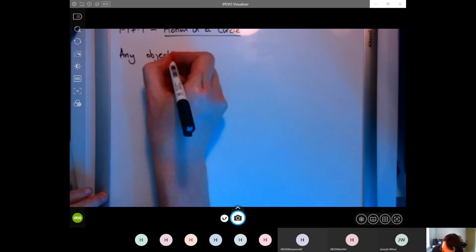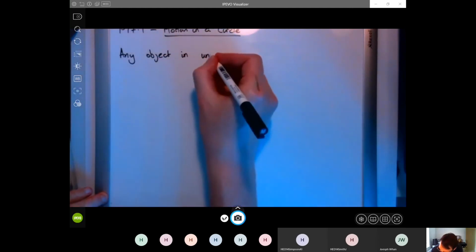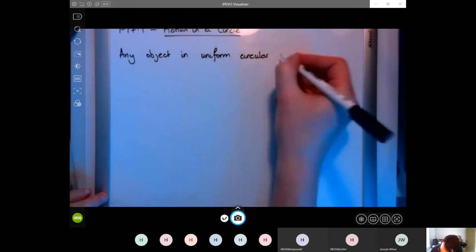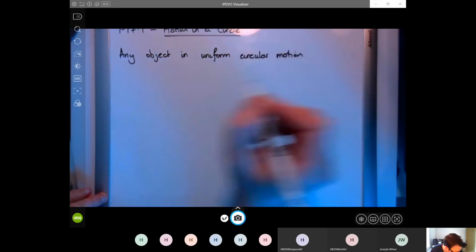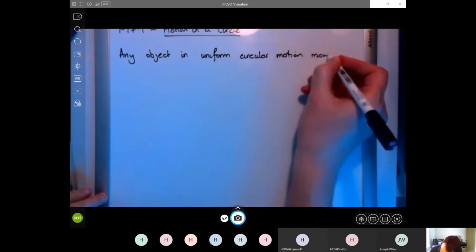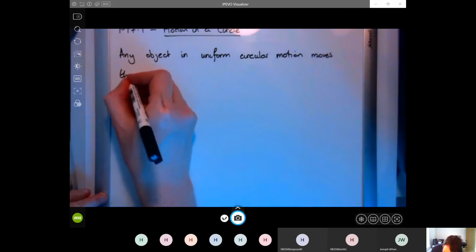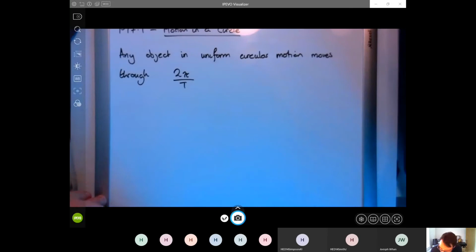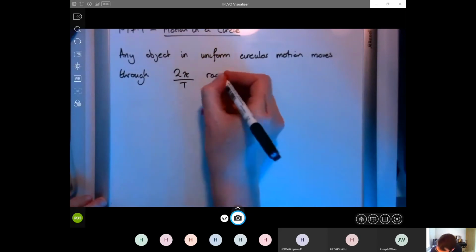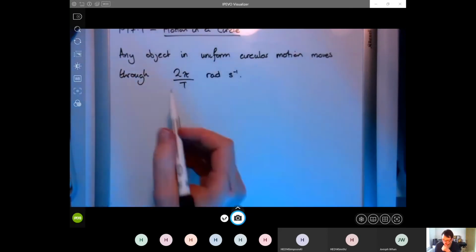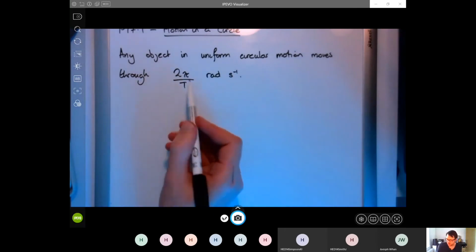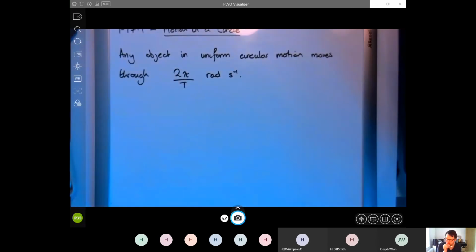Anything in uniform circular motion moves through 2 pi over T radians per second. Because in other words, in one whole circle it will move 2 pi radians, and the amount of time it has will tell you how many radians per second it's going to move.